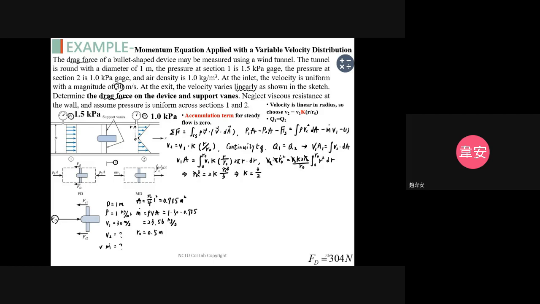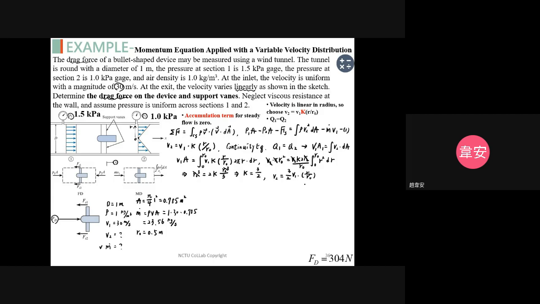Okay, so we have K here, so we can rewrite V2 as 2 over 3 times V1 multiplied by R divided by R0, right?